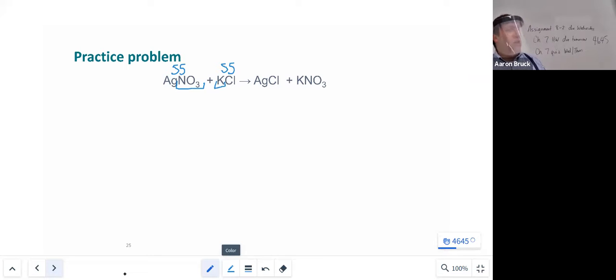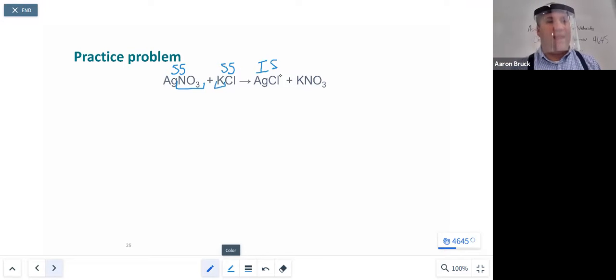Silver chloride. We know that most chloride compounds are soluble in water. The three exceptions are mercury(I), lead, and silver. Ag is silver, so that's one of the exceptions. This is an insoluble salt, so we're going to mark that as IS.